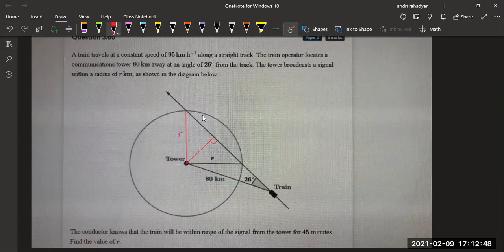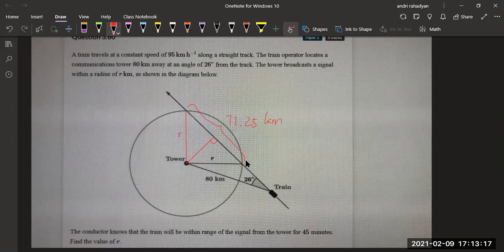So for 40 minutes from this point to this point, the length of this segment is 3/4 times 95, which is 71.25 kilometers.